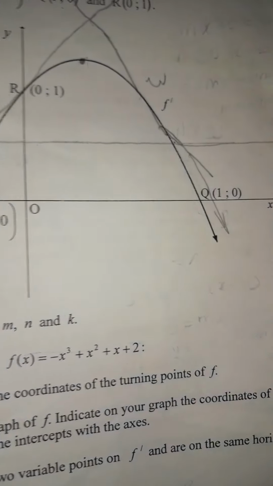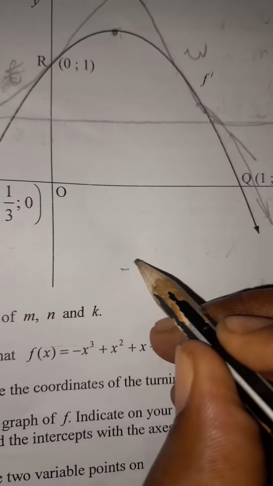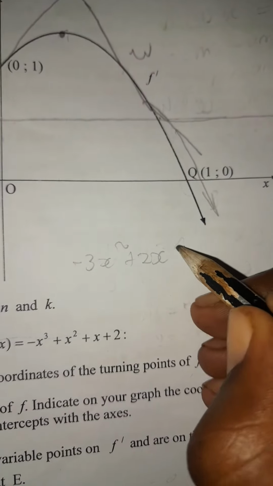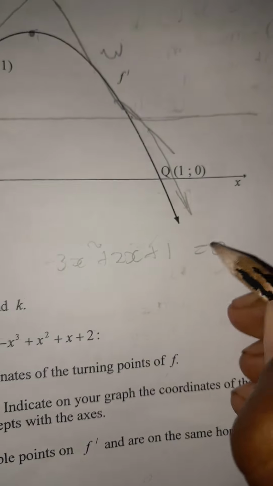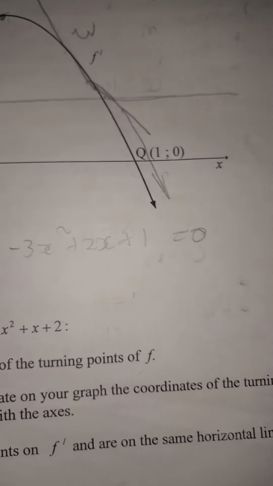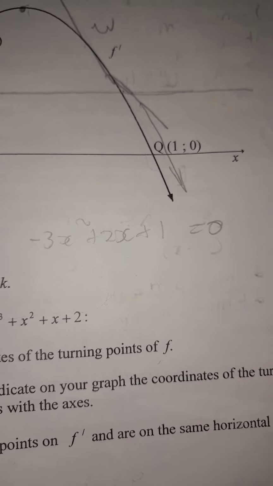Our turning point of this graph, you may recall that the equation of this graph was 3x squared plus 2x plus 1. So to find a turning point in this case, we can use negative b all over 2a.